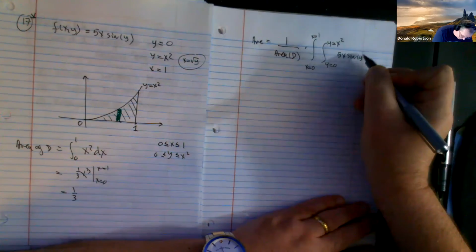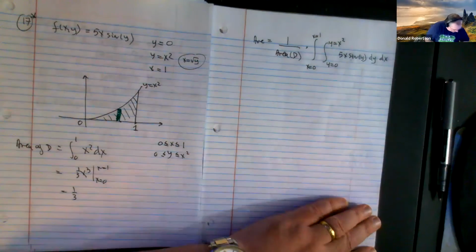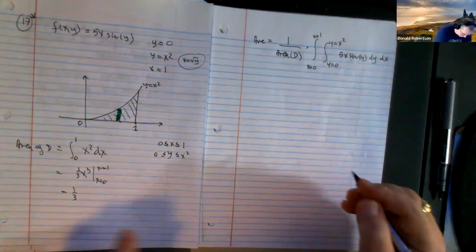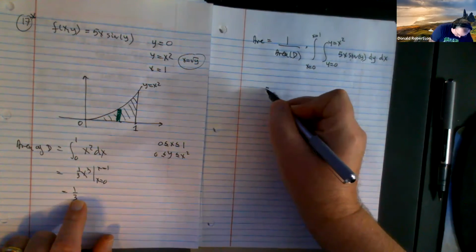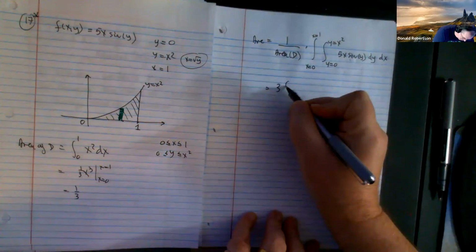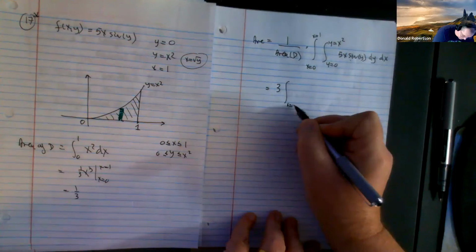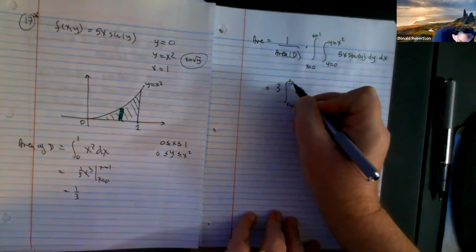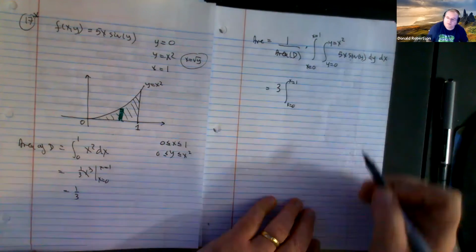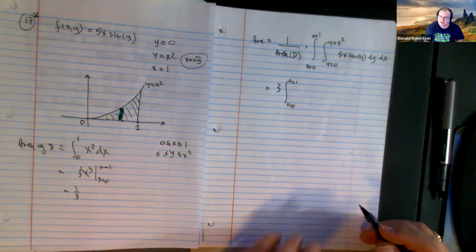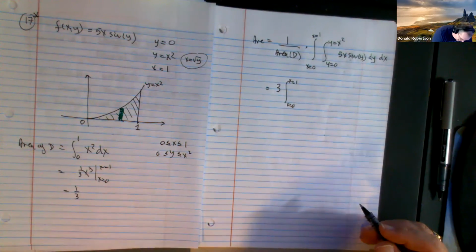Y is first, x is second. Now I know the area is 1/3, so 1 over the area gets me 3. And this integral, I don't worry about right now. If you integrate 5x sine y, right, 5x sine y, be careful.